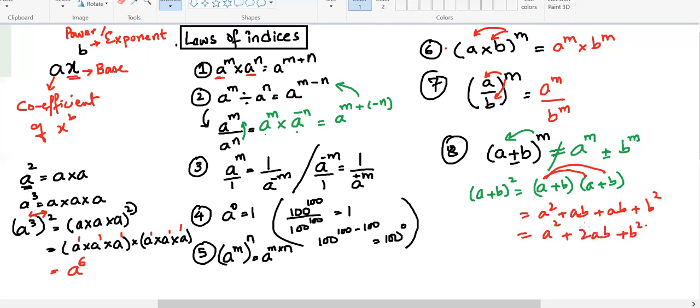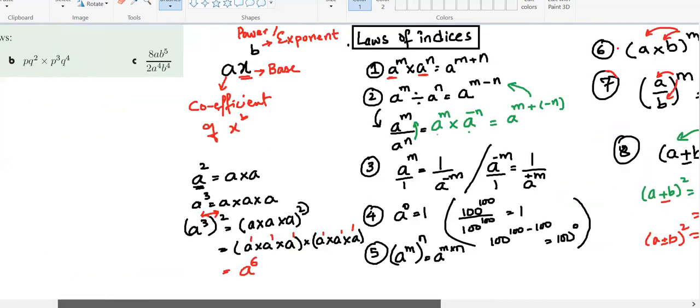So just remember that if we have a binomial, and you're expanding it to some power, you will always have one more term than the power. If it is the power 2, you're getting 3 terms. If it were power 3, you would have gotten 4 terms. So this whole power property is only applicable for a product or a quotient, but not for a sum or difference.